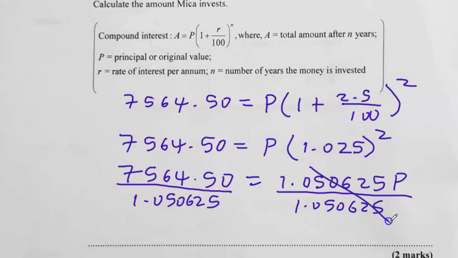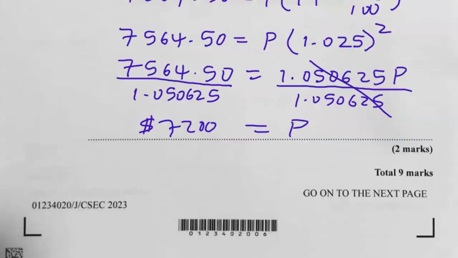So the thing itself is 1. So the principal is 7,200, and that's the amount that Micah invests, 7,200. Let's move on.